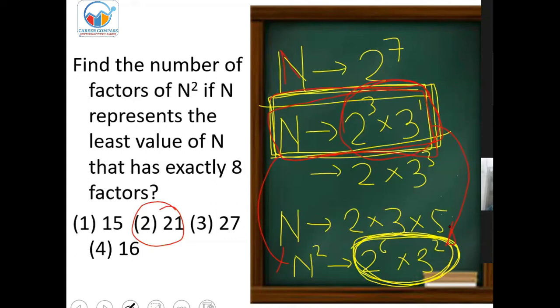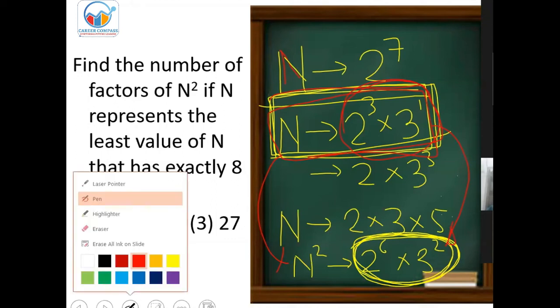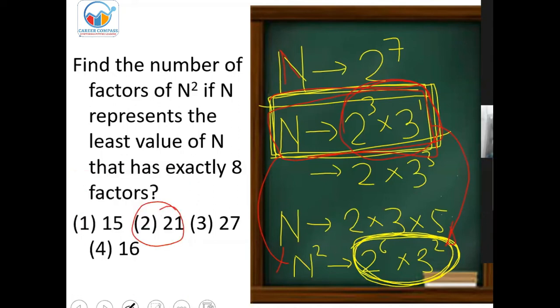Then what will be the number of factors? 6 plus 1 into 2 plus 1. What is 6 plus 1? That is 7. What is 2 plus 1? That is 3. What is 7 into 3? That is 21. Hence, n square will have 21 factors. Clear, guys? Yes, sir.